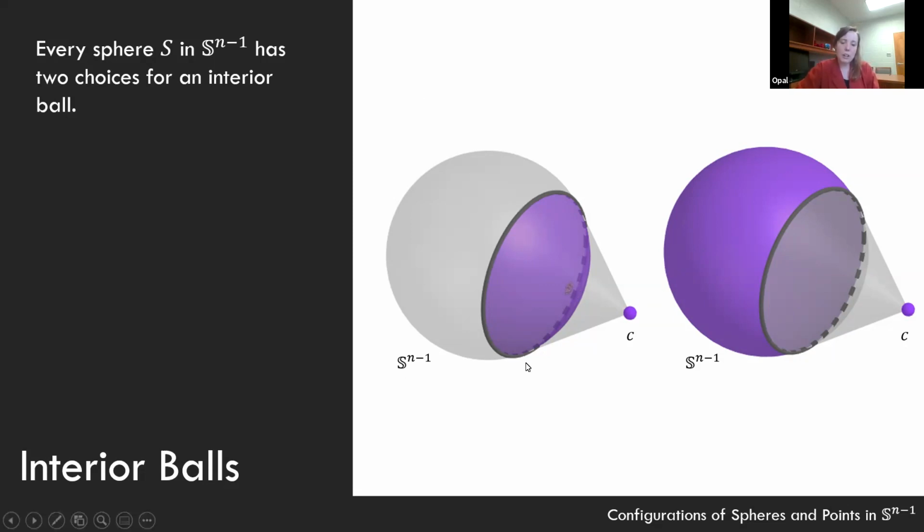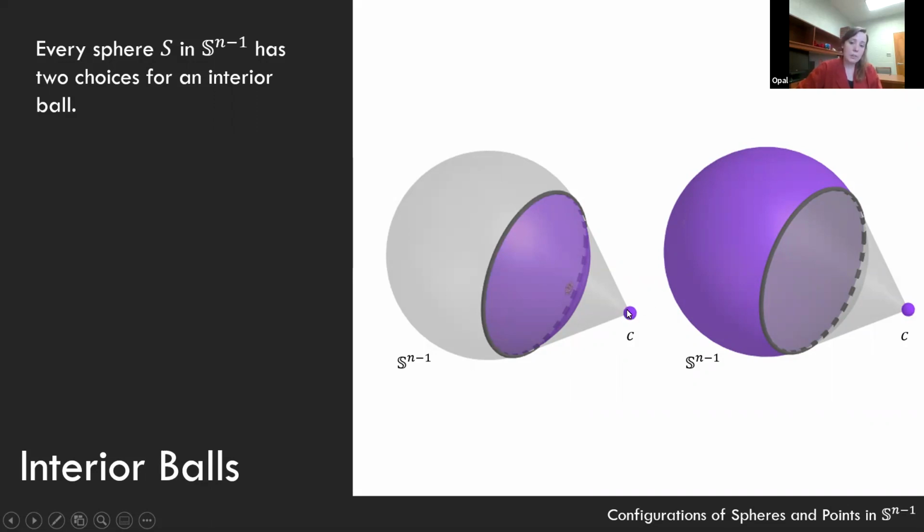You can do the following. If you have a sphere in the n-1 sphere, you can take the cone point by taking all of the lines that are tangent to the n-1 sphere through a point on the sphere you're looking at, and they'll all reach a cone point outside in n space.